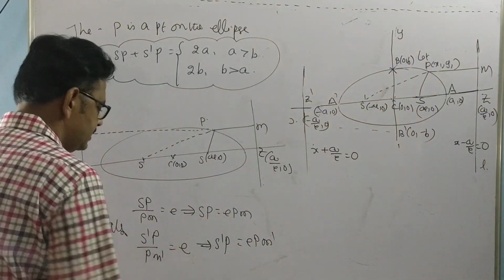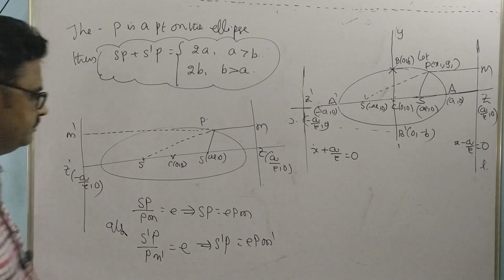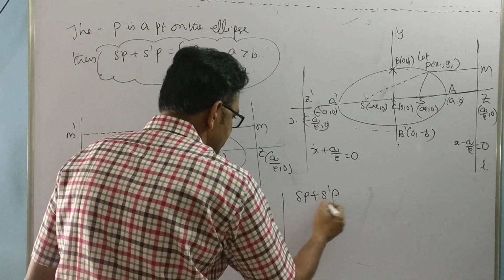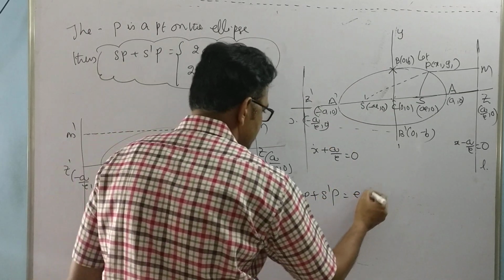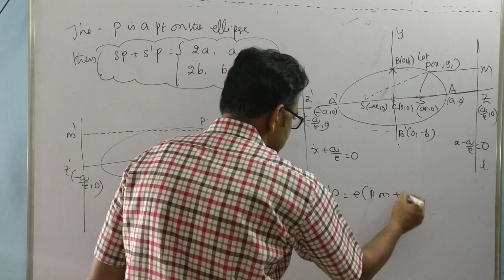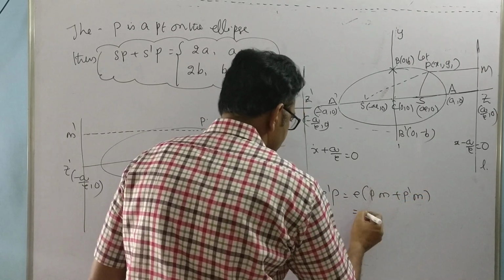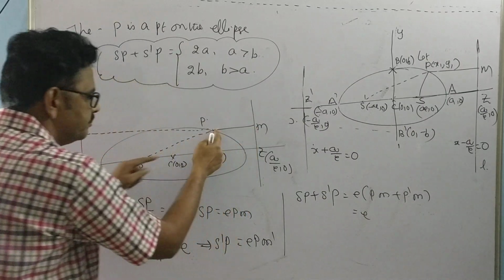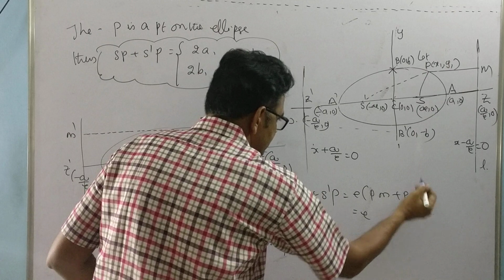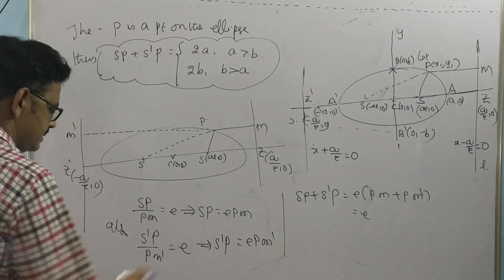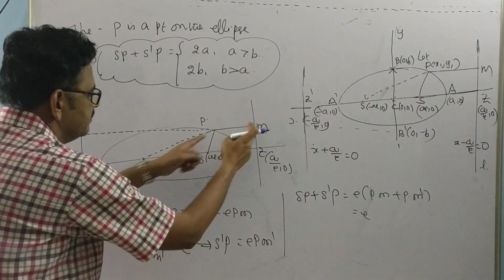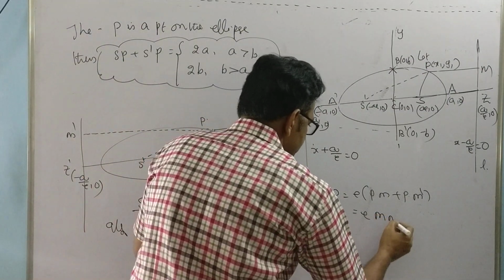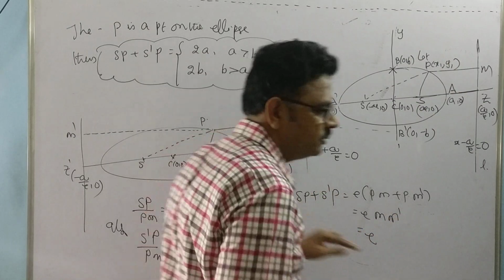Now, by adding these two, SP plus S dash P is equal to E common, PM plus PM dash. That is E into PM plus PM dash, which means MM dash.